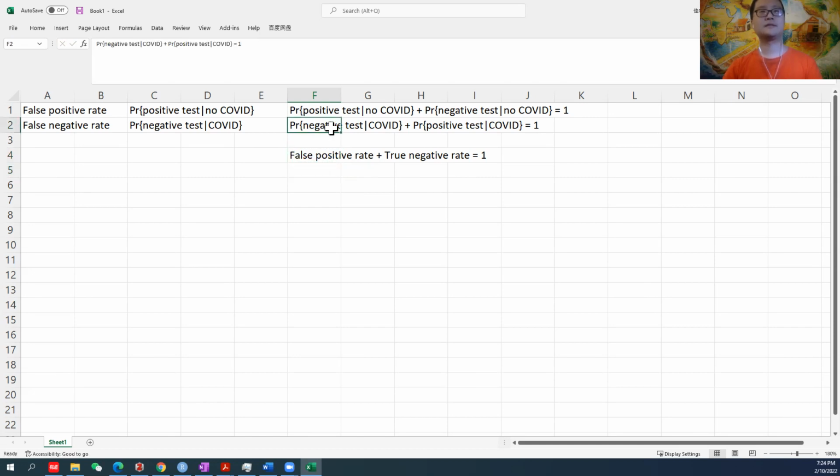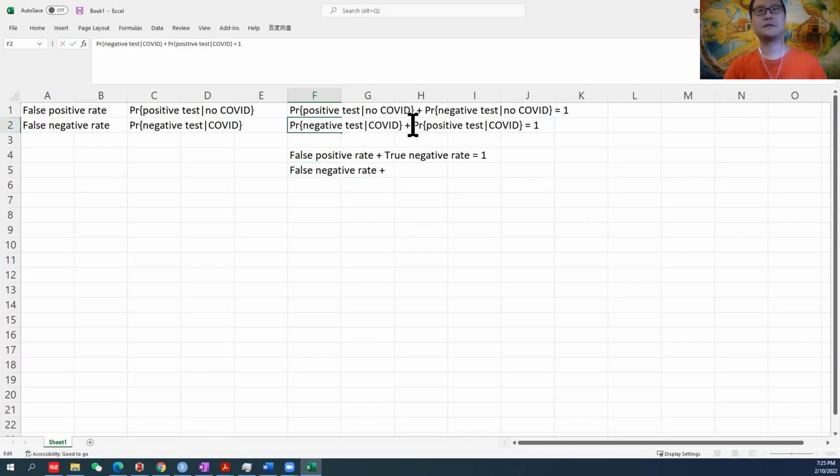Let's interpret this part. Conditional on a person with COVID, the percentage of getting a negative test result is what's known as the false negative rate. And what do we call this part?